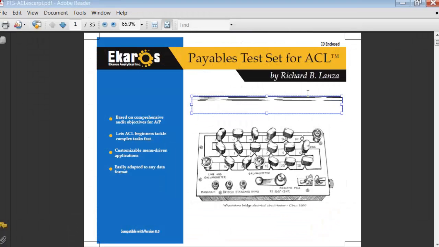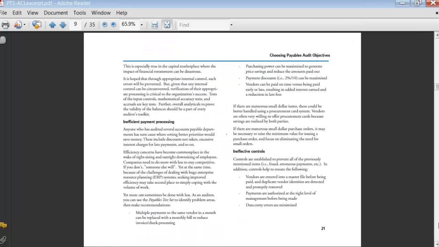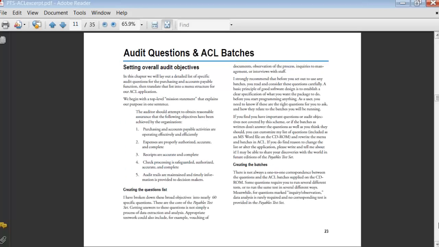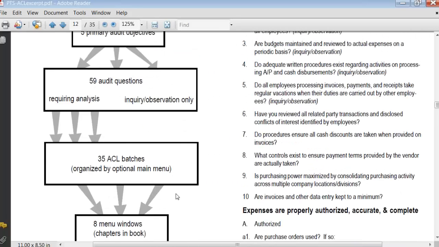This was a book that I'd put together with Ekros called The Payables Test Set for ACL. And what it really did was it started out taking a look at the overall audit objectives, and then drilled into audit questions, and then batches, and then actual scripting menus.